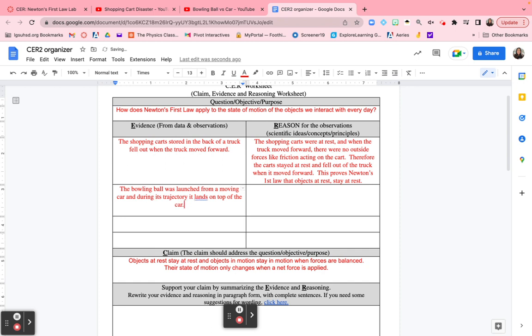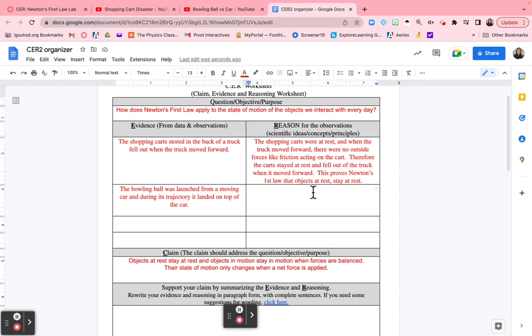So all we're doing is stating what we observed. We don't want to mention anything about object in motion, staying in motion, or anything like that. That goes back to our reasoning.